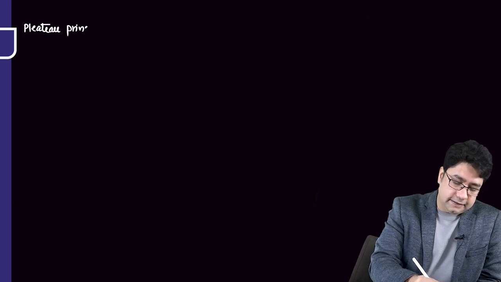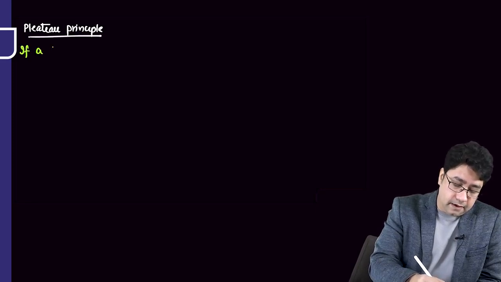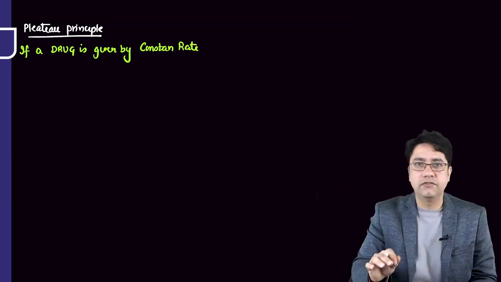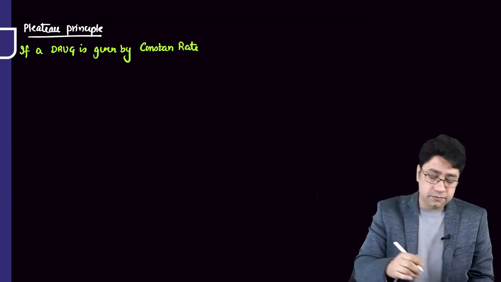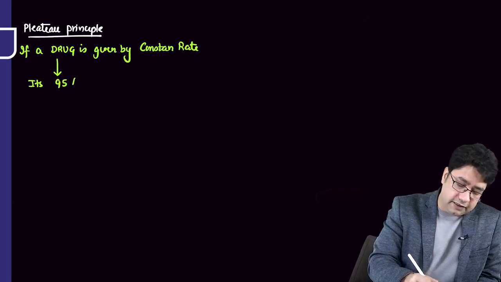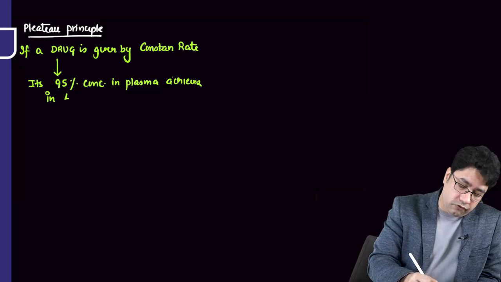Plateau principle says that if a drug is given at a constant rate, we are not changing the dose of a drug, we are every time giving the same dose, its 95% concentration in plasma achieves in 4 to 5 half-lives.